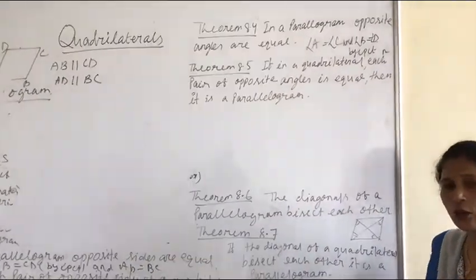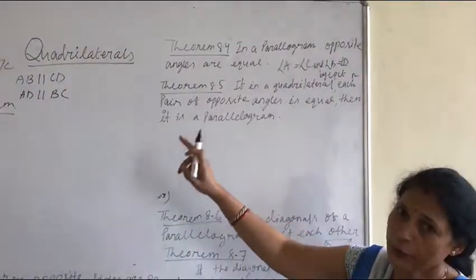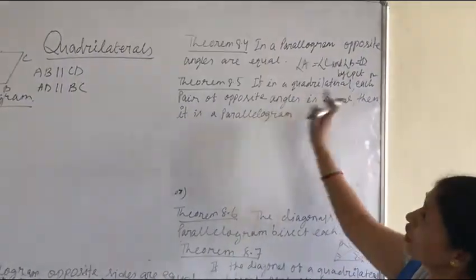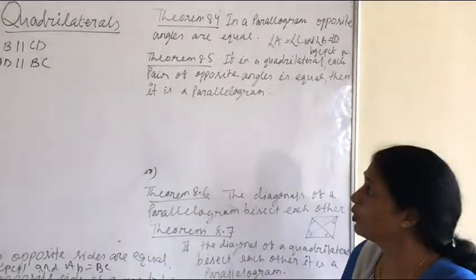Opposite sides are equal, opposite angles are equal. Clear? Now theorem 8.5: in a quadrilateral, if each pair of opposite angles is equal, then it is a parallelogram.